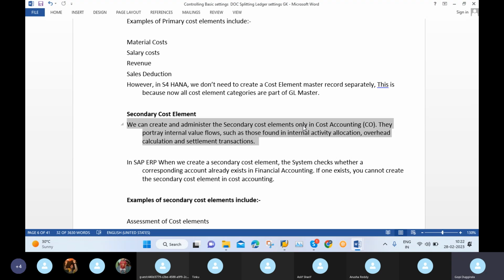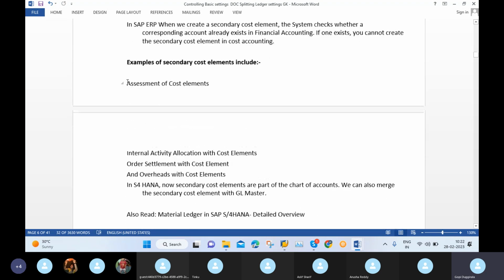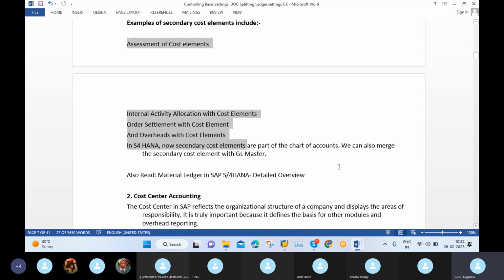Primary cost elements we can maintain in both finance and CO. But secondary cost elements we maintain only in CO. They portray internal value flows such as those found in internal activity allocation, overhead calculation, and settlement transactions. Examples of secondary cost elements are assessment cost elements, distribution cost elements, order settlements, or internal activity allocation, whatever it is.